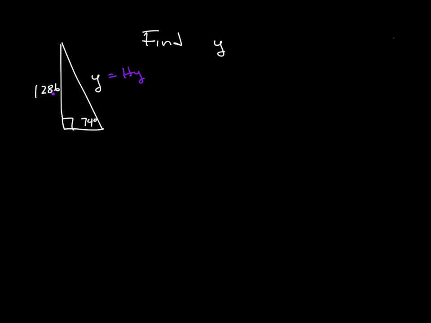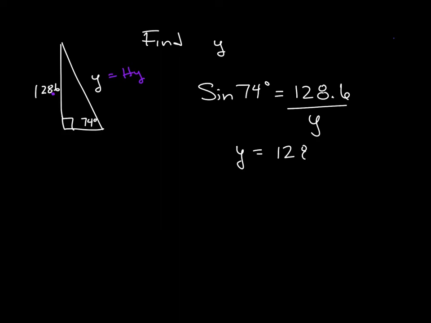Again, because of SOHCAHTOA, we want to go ahead and use the fact that I know that the sine of 74 degrees is equal to 128.6 over y. I get y all by itself, and I get y is equal to 128.6 divided by the sine of 74 degrees.